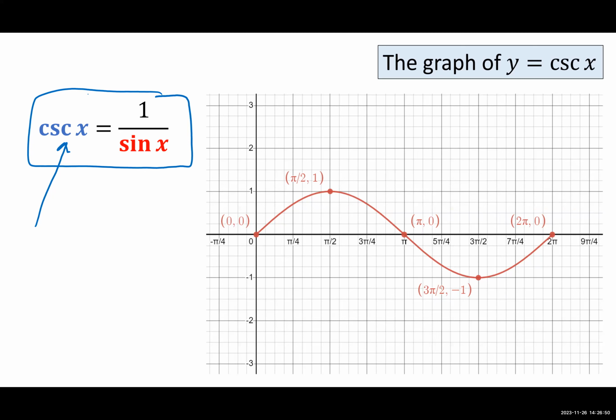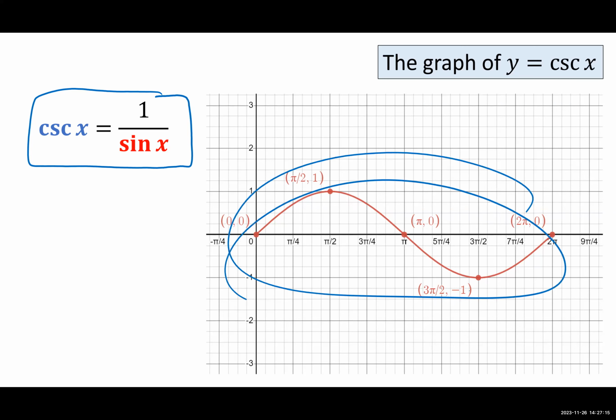Well, based on our understanding of vertical asymptotes, they come from when the denominator of a fraction is equal to 0. So every time the sine function is equal to 0, the cosecant function has a vertical asymptote.